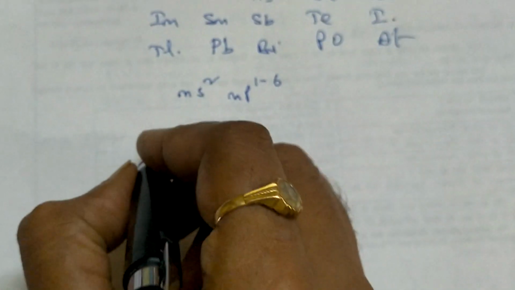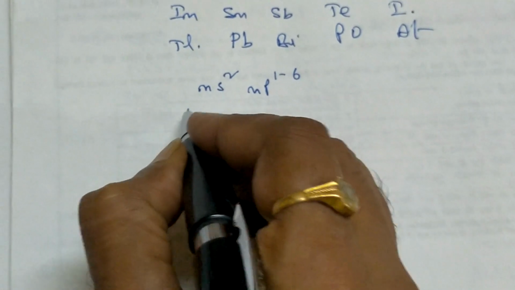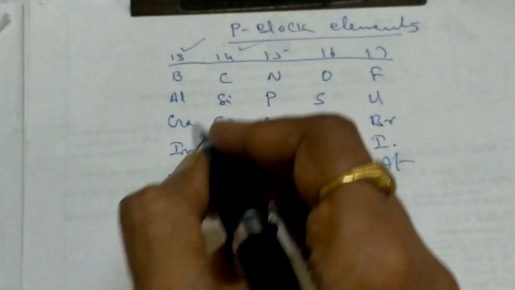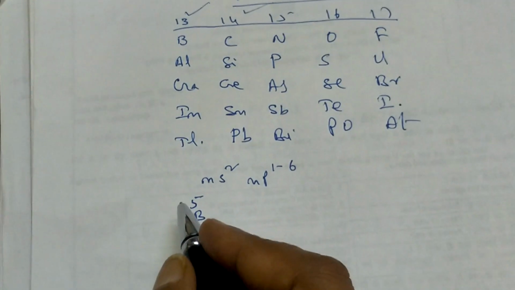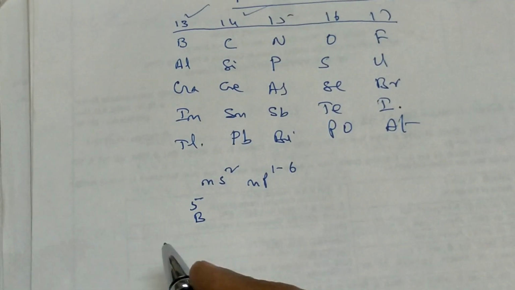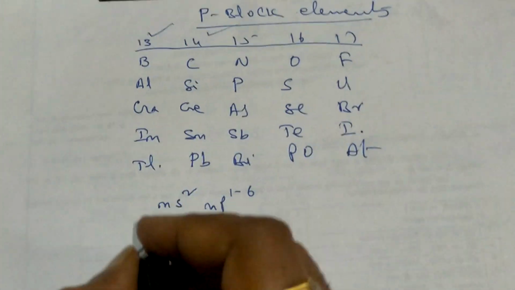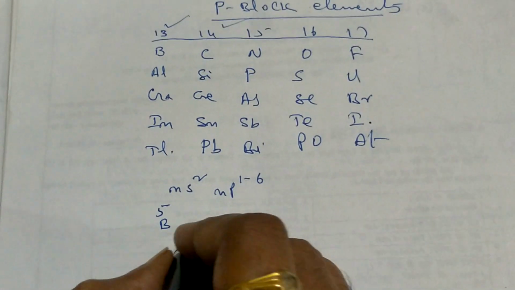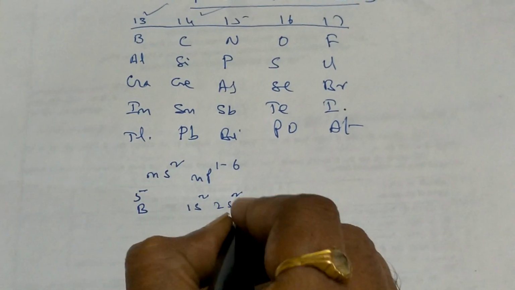In this, boron is 5, and carbon is 6, 7, 8, 9. So in this family, the boron family, that means group 13, the normal oxidation state is 3, because it is 1s2, 2s2, 2p1.